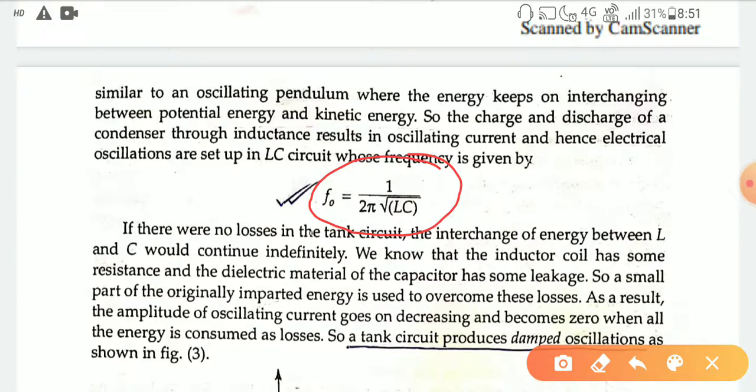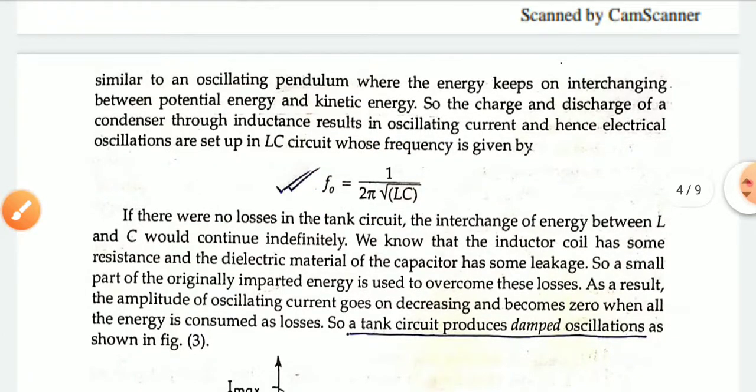But this is for the ideal case, where no power consumption occurs in the inductor and capacitor. Practically, they are not like that.